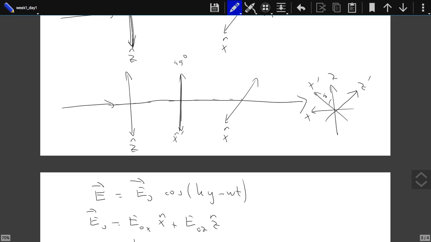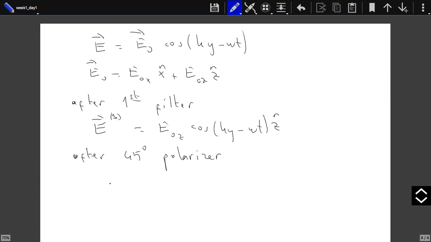This is our Z prime. And this angle is 45 degrees. So Z hat has a component in the X prime direction with a magnitude 1 over square root of 2 X prime hat, plus 1 over square root of 2 Z prime hat. This is our Z hat in terms of X prime hat and Z prime hat.